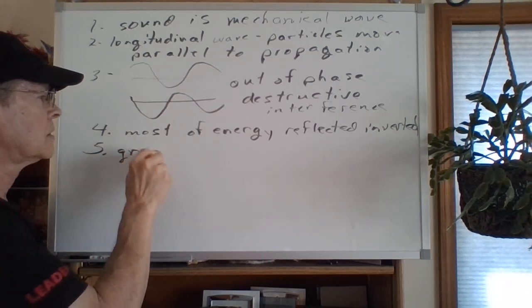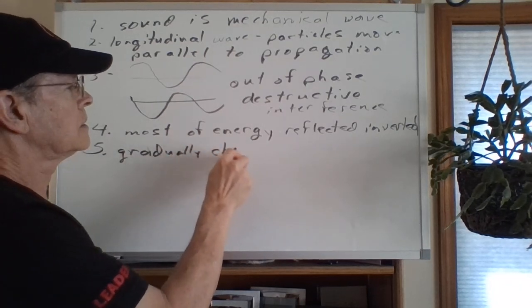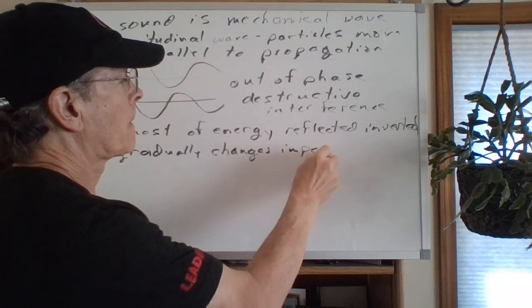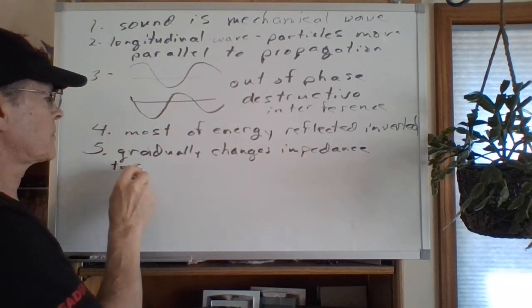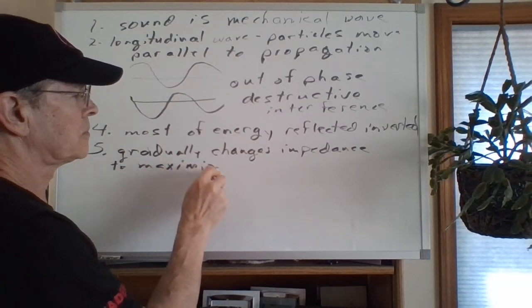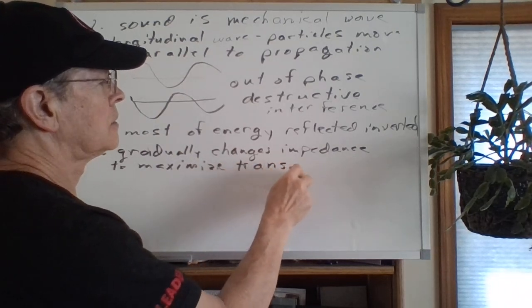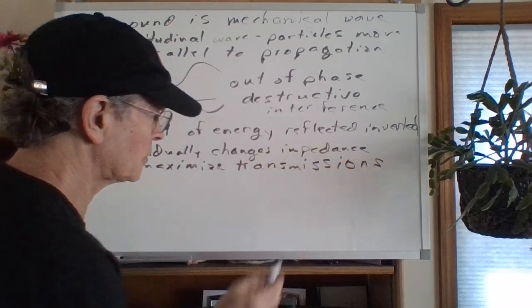Gradually changes the impedance. Maximize transmission. There are other ways you could word that, but the idea is like a cheerleader's megaphone. I guess it doesn't have to be a cheerleader's megaphone. It could be anybody's megaphone.